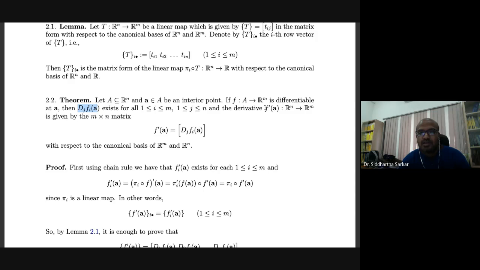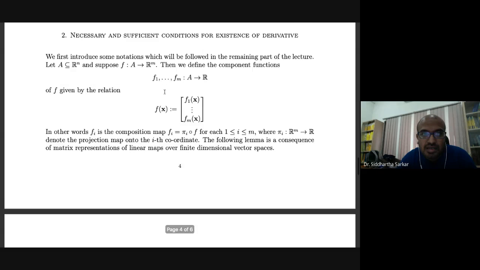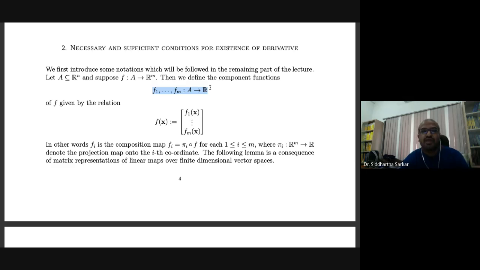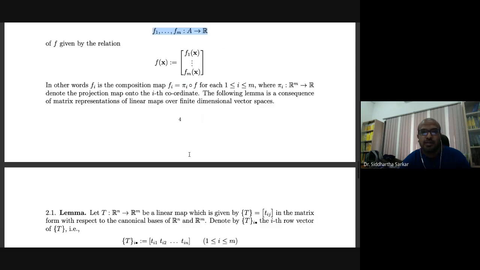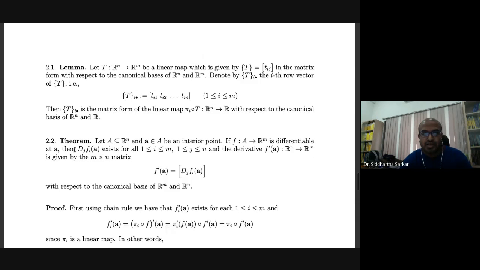And if I plan to write the derivative in a neater way, remember this Dj fi(A) is essentially a real number, because fi is a real valued function. You can see over here, this f1, f2, up to fm are real valued functions. If I look at the directional derivative along the canonical axis, this turns out to be a real number. So all these Dj fi(A) are actually real numbers.